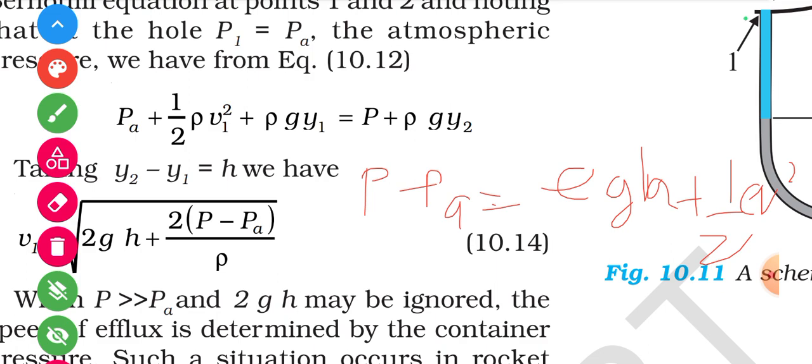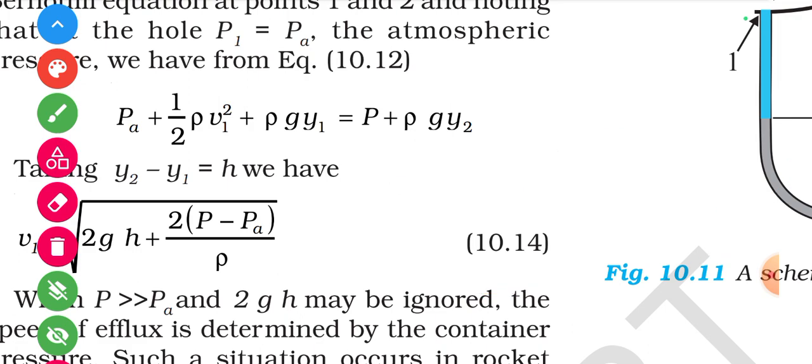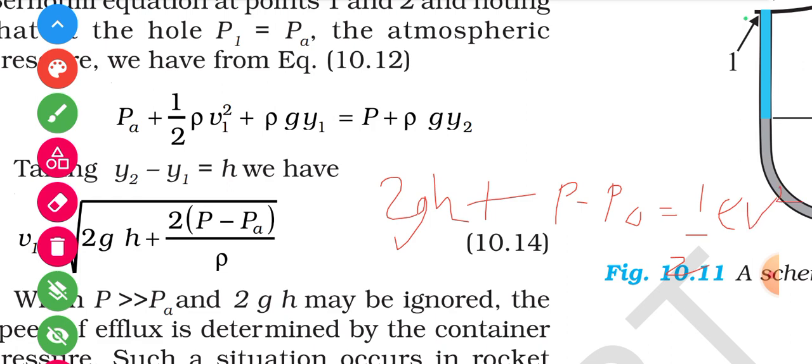We are concerned with the velocity, so we will shift that to the other side. So we get 2gh plus, and p minus pa is equal to half rho v squared. Now we shift it to this side. It was rho gh.